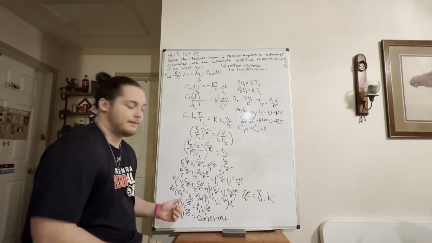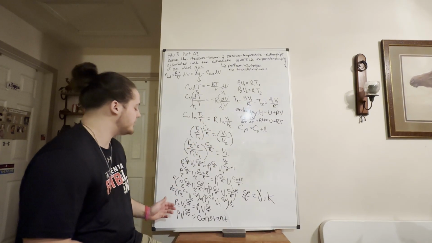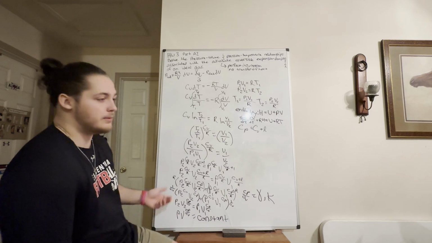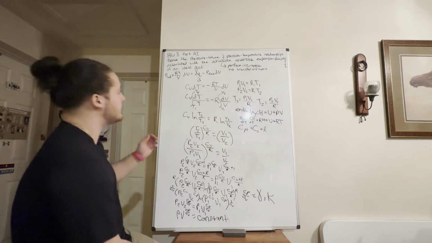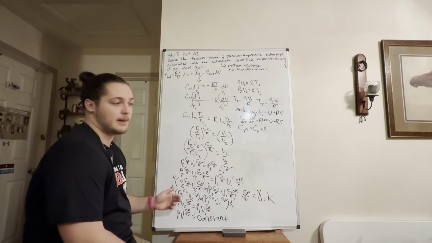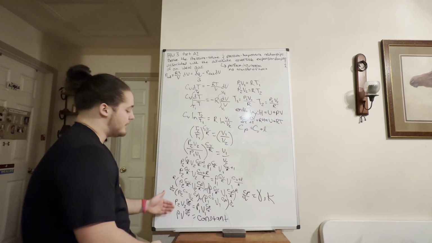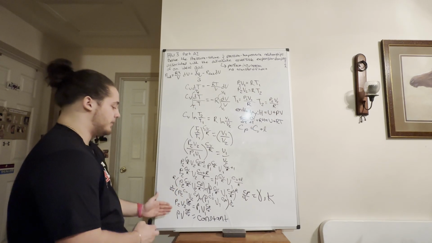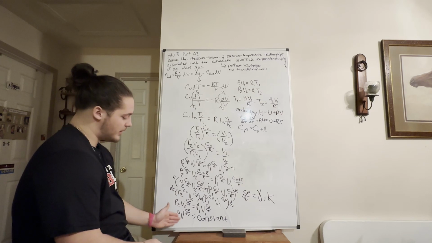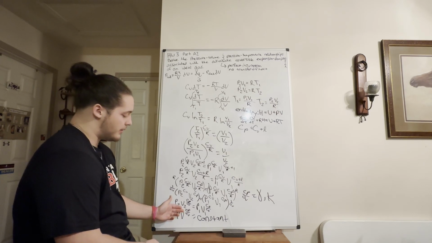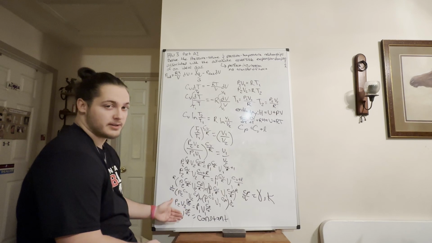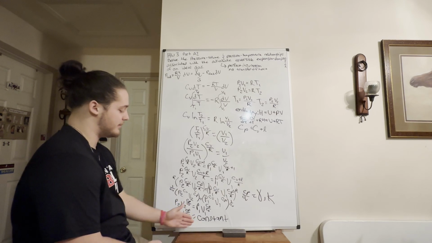Now that we have found the relationship between pressure and volume, we are going to use that to find the relationship between the pressure and temperature in this scenario. So here we have pressure times volume raised to the specific pressure over a specific volume is equal to a constant.